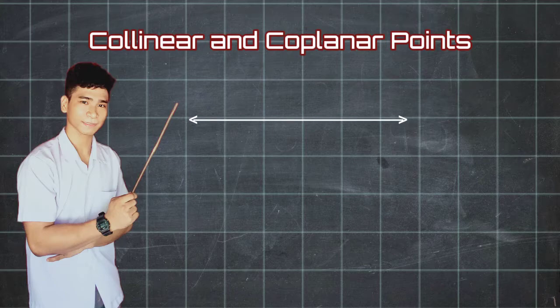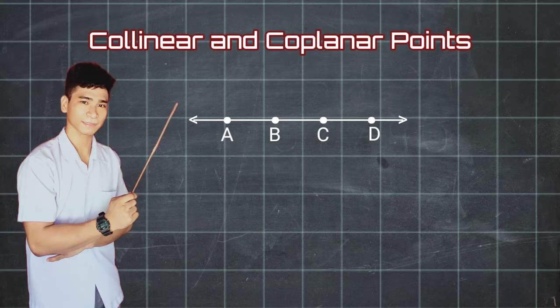This line includes, let us say, 4 points: point A, point B, point C, and point D. These 4 points lie in the same line, so these are collinear points.